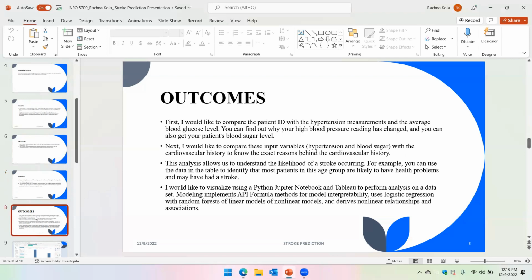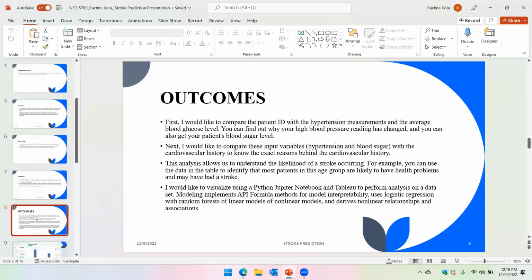Coming to the outcomes. The outcomes for this project are, first, the analysis allows us to understand the likelihood of occurrence of the stroke. For example, you can also gather the data from the data set that we have used to identify what kind of health group has been affected the most by the stroke.